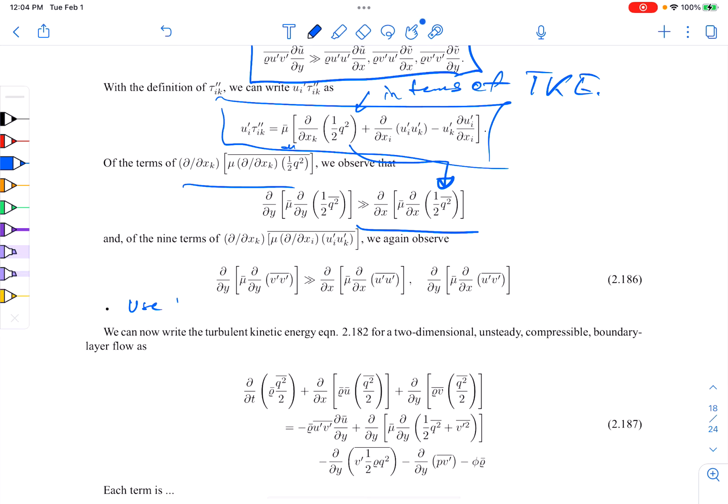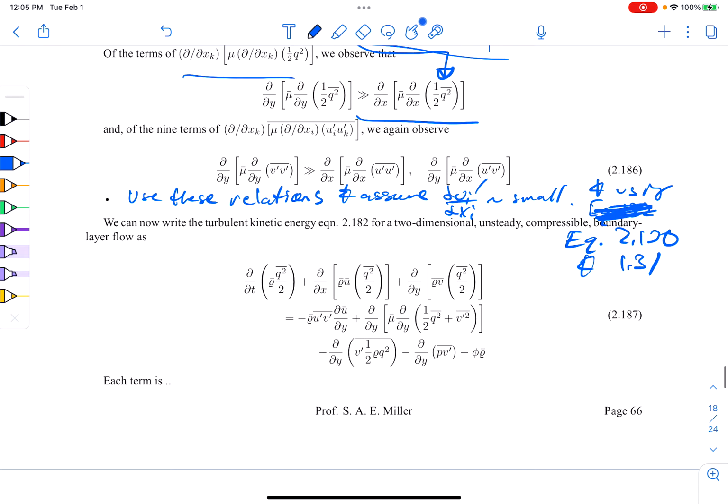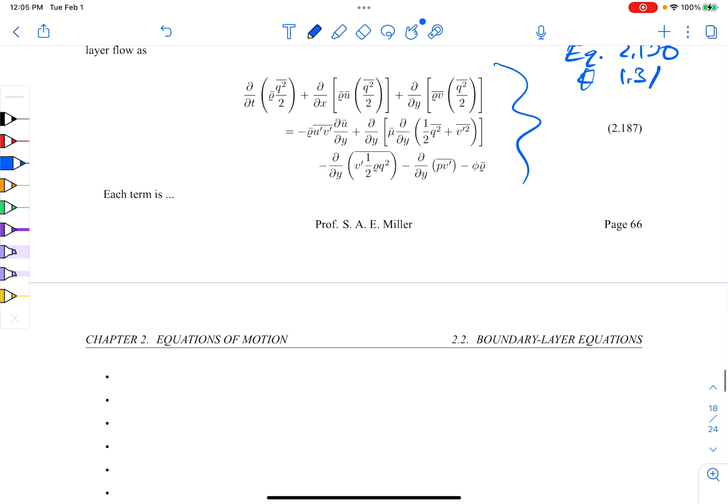If we use all these relations and assume that partial ui prime partial xi, which is the D'Alembert condition for the fluctuating velocity, is small, and using equations 2.130 and 1.31, we can write this final transport equation for TKE.